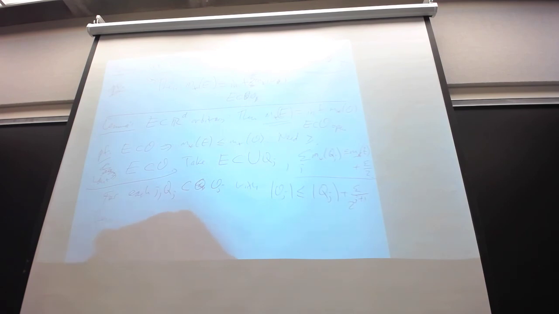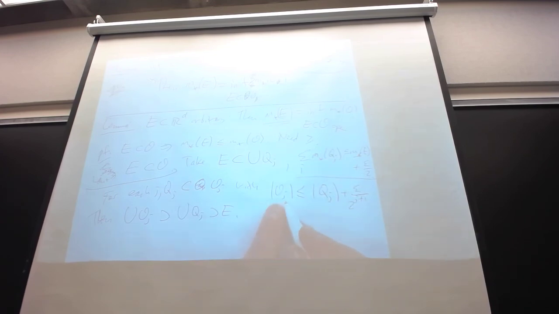Then the union of the Oj is open. It covers the Qj and hence covers E. Now let's look at all these lengths. These lengths are also the measures.